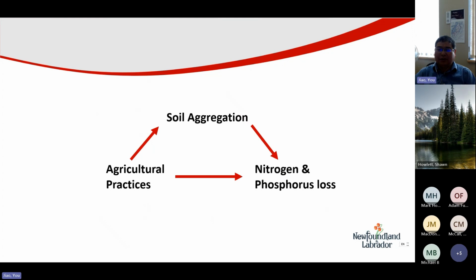But still, there is always nitrogen and phosphorus loss to the water system. This is considered a negative impact on the environment. So we talk about this cycle, and about soil aggregation stability. Our goal is to preserve more nutrients in the land instead of leaching out to the environment.